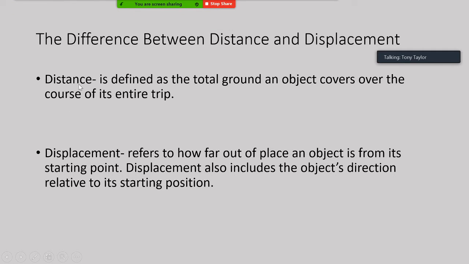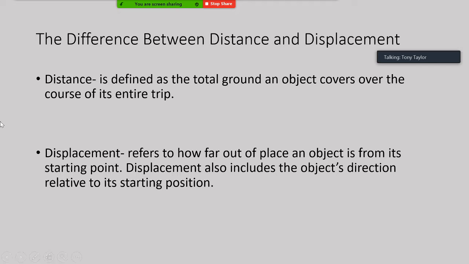Distance, by definition, is defined as the total ground an object covers over the course of its entire trip. Displacement, on the other hand, refers to how far out of place an object is from its starting point. Displacement also includes the object's direction relative to its starting point.